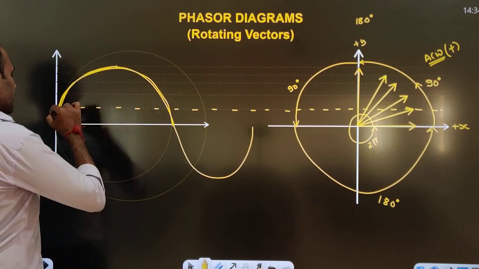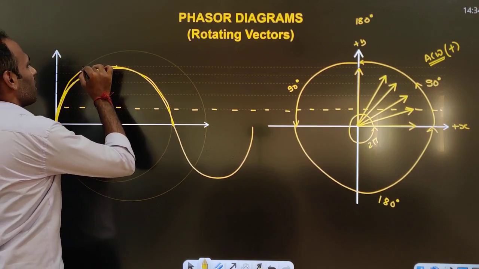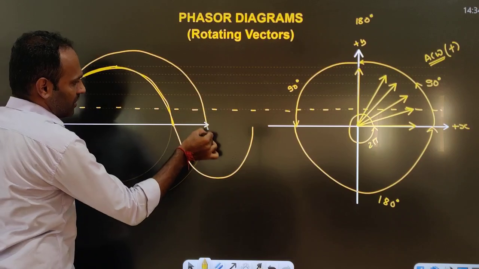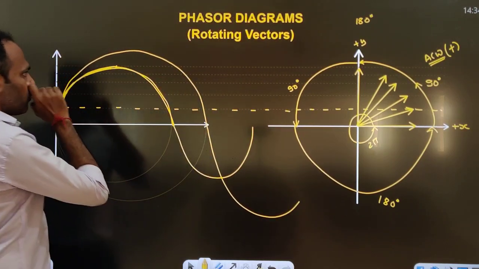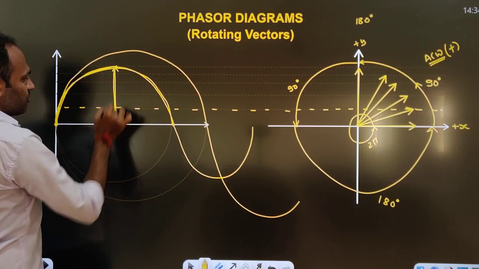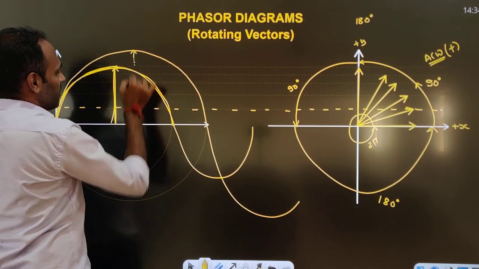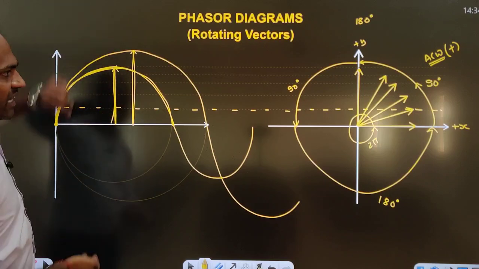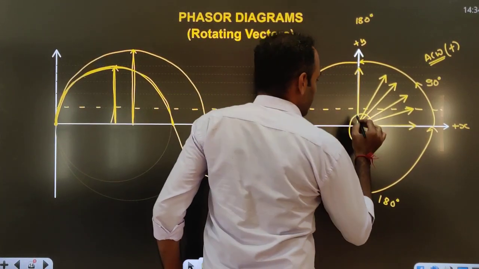Suppose there are some other changes. Let me say we are having one more alternating current cycle here. It is like this. So what is the difference? The first cycle which we had taken, its amplitude was this much. The second cycle which we have taken, its amplitude is greater than the first cycle. So if the amplitude is greater, then the vector which we are taking here should be greater.